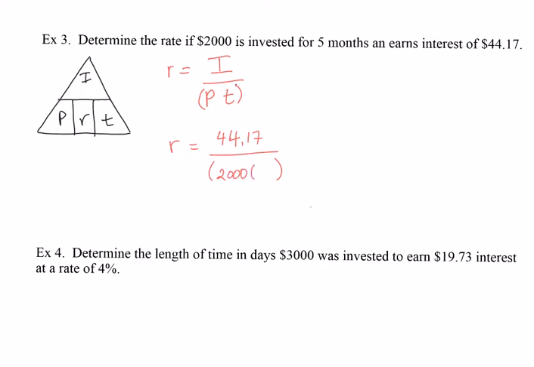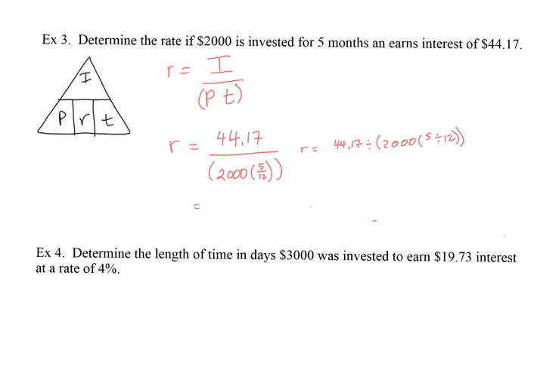And then we're going to times that by 5 months, which is 5 divided by 12. Now notice the extra bracket I put around the information. I didn't want all that information kind of spilling away, because when you do this on your calculator, you're going to have something like this: 44.17 divided by bracket 2,000 bracket 5 divided by 12 bracket, and that would give our R value.